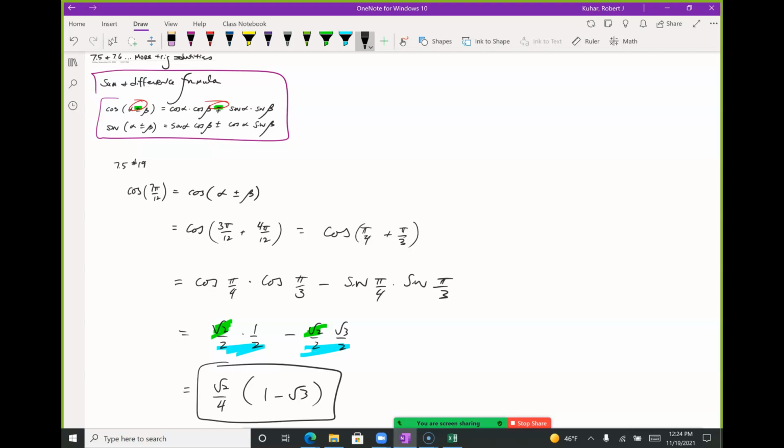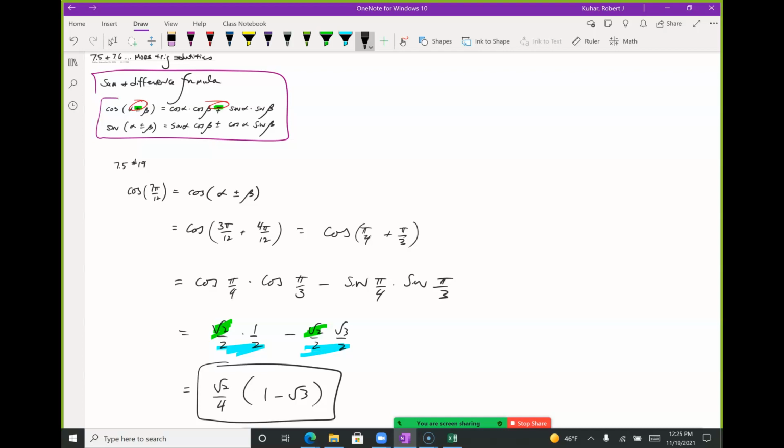And what's nice on those, you can check with your calculator, right? Obviously, I'm going to get a negative answer here, right? Why is it obvious? Because of the root 3. Yeah, root 3 is bigger than 1.